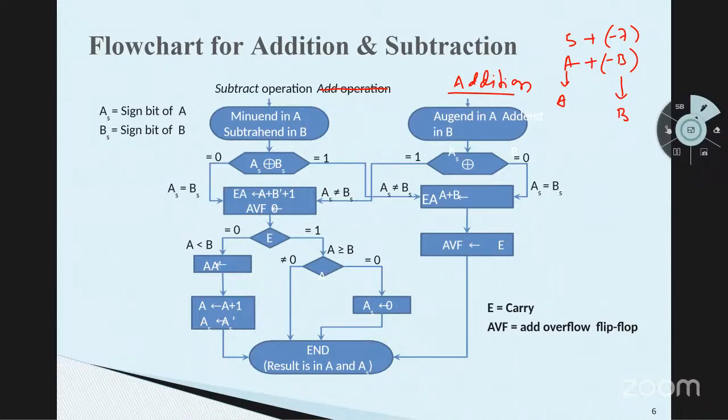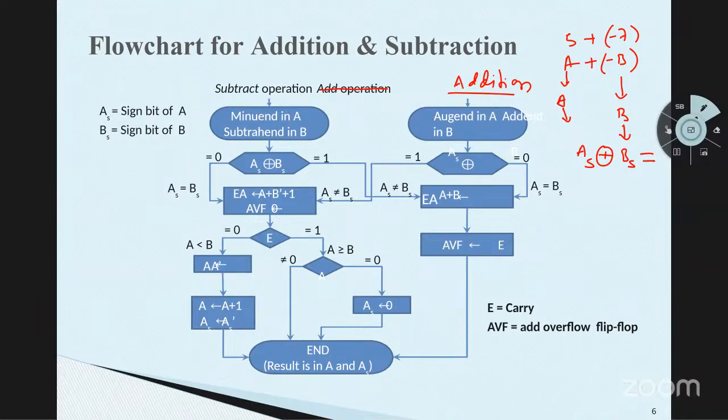So now here A, this result sign bit is AS and this register sign bit is BS. Now you can perform the XOR operation. Here we are only considering the sign bit of A register and sign bit of B register. What is the sign bit of A?